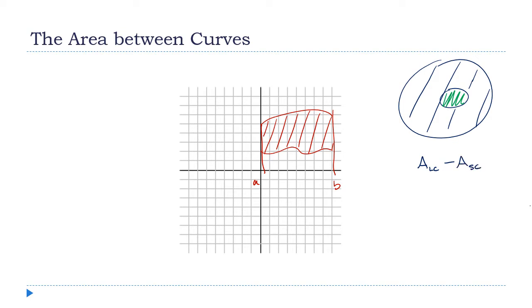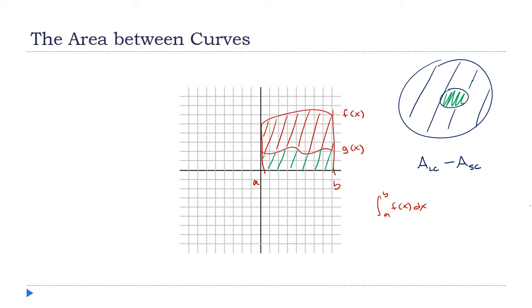Well, I'm going to do the exact same thing here. The exact same thing, I'm just going to do it with definite integrals. All right, so let me label these things. If I call the upper function f of x and the lower function g of x, then the integral from a to b of f of x is everything between f of x and the x-axis, including this part here that I don't want.